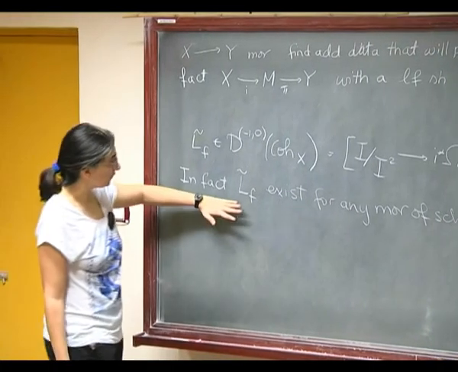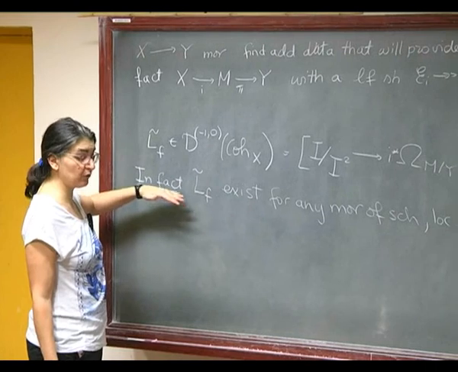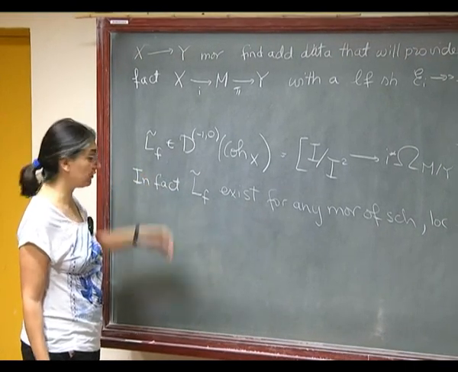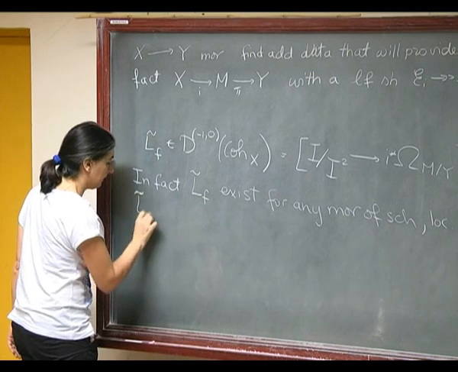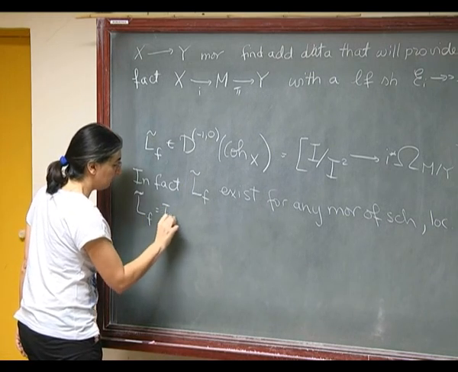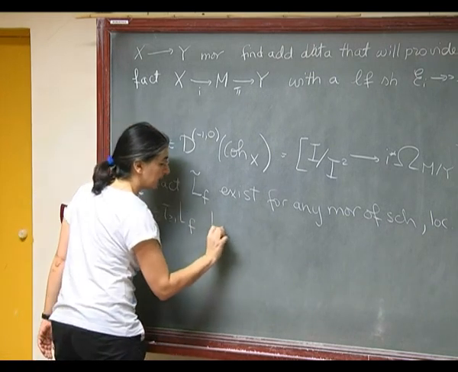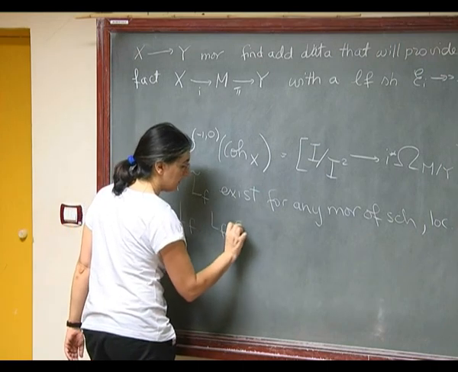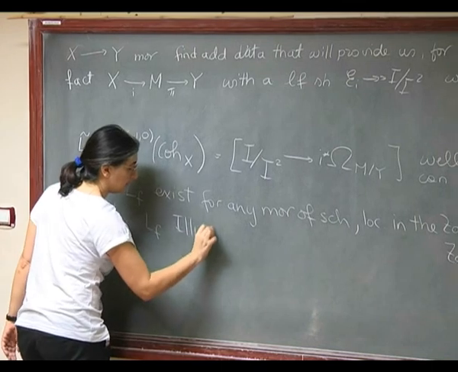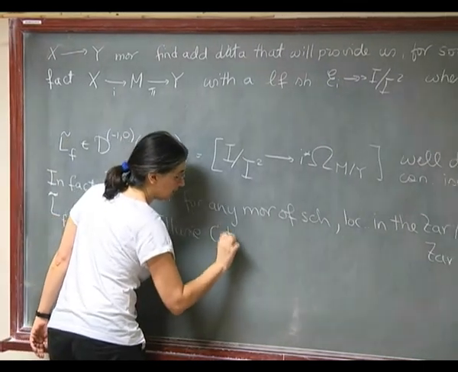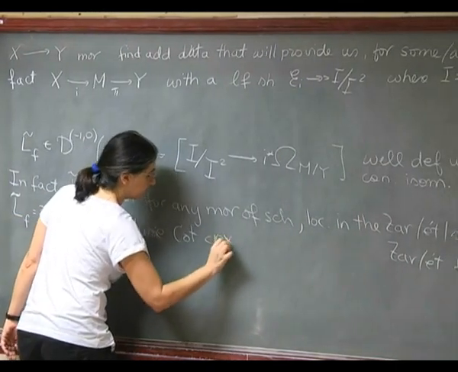And so in particular, we don't need any assumptions, and it's very general, it is just the truncation of the cotangent complex as defined by Illusie. Cotangent complex.